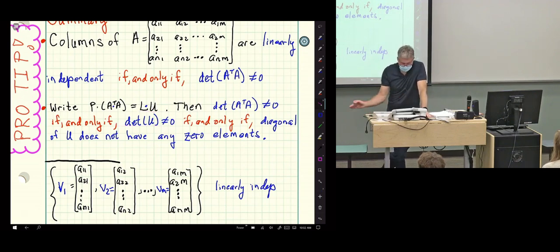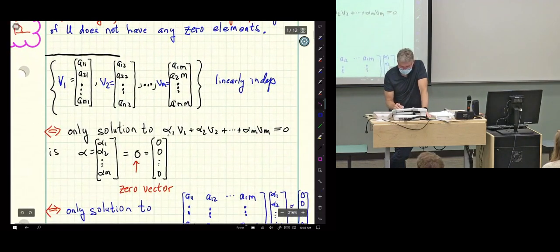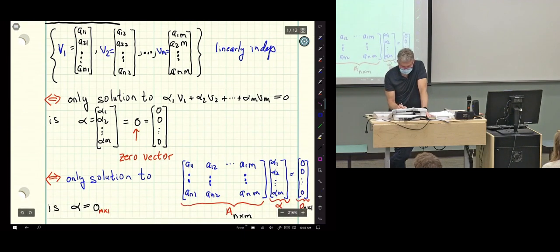We just look at the diagonal elements of U and make sure it doesn't have any zero elements. Bingo. If there's a zero element, the set is dependent, and there will exist a non-trivial solution to this equation. And if U has only non-zero elements on its diagonal, the only solution will be the zero vector.